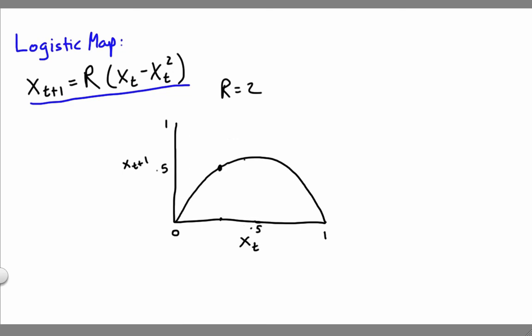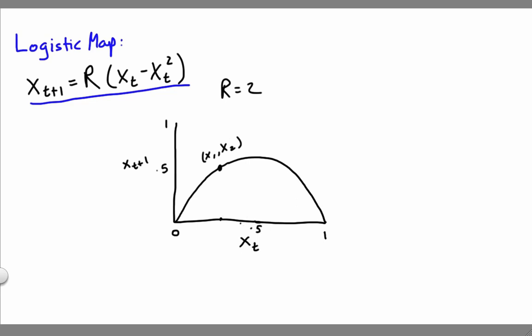That was x2. So this was the point x1, x2. Then we take our value for x2 and we find it down here on the x-axis, because we're going to calculate the next value of the function.